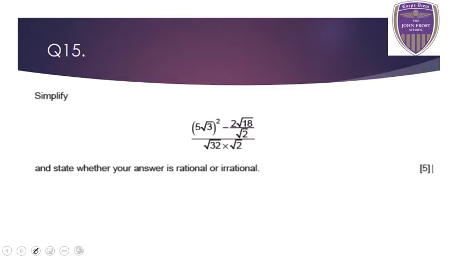Question 15, simplify. Now that looks really, really complicated, okay? But what we're going to do, we're going to take each part of it in turn. So for the 5 root 3 squared, that's the same as 5 root 3 times 5 root 3, which if you simplify, you could put the 5's together, you can put the root 3's together.